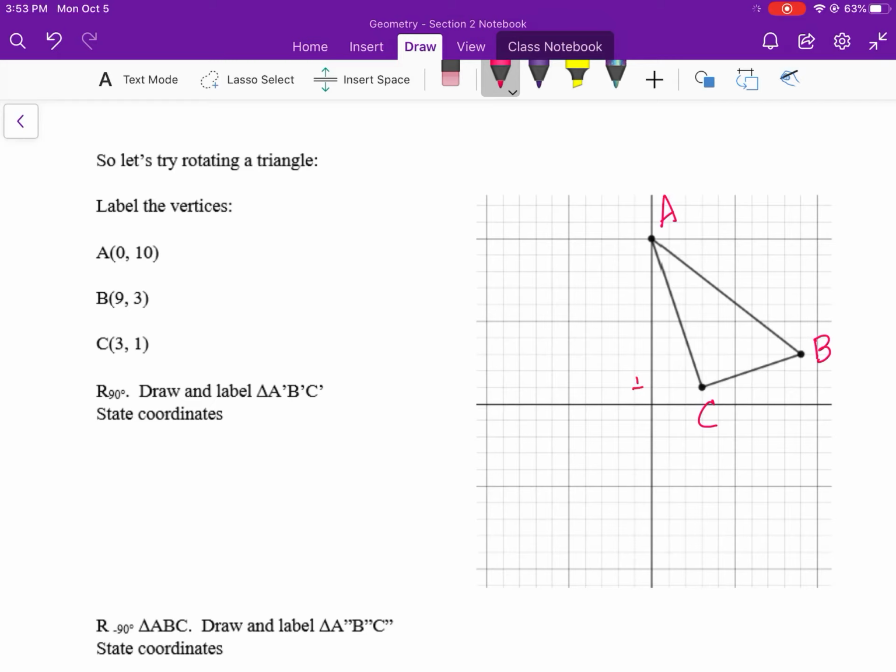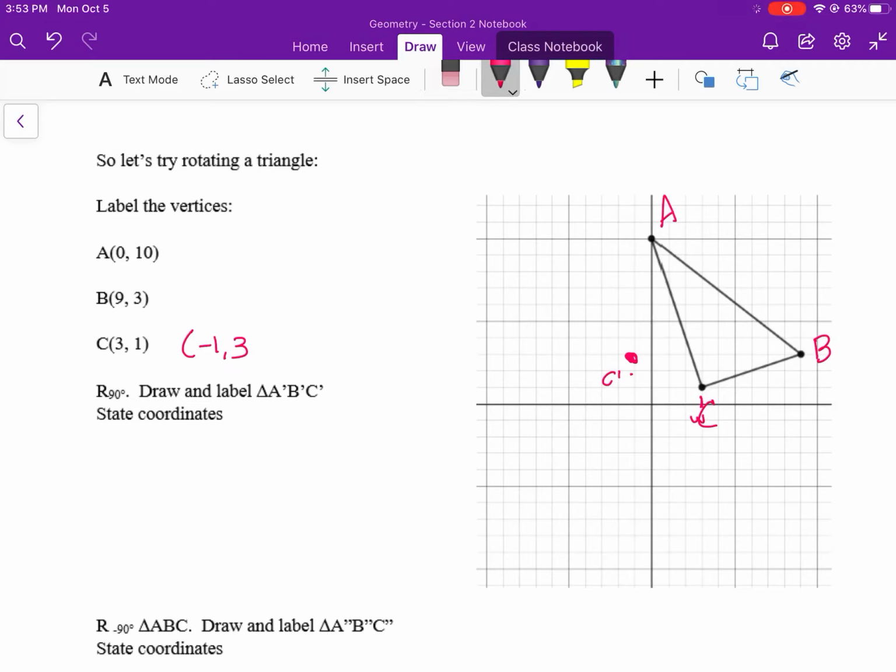So now this looks like -1, and this looks like 3. So it looks to me that C is -1, 3. I turn it back, -1, 3, -1, -1. So then I come over here and I go -1, 1, 2, 3. And I put the dot here for C prime.